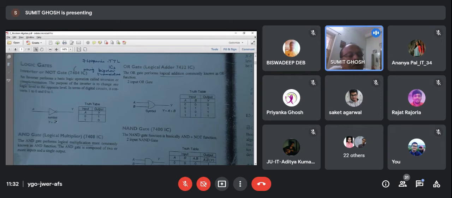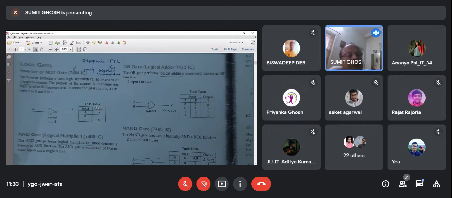So A bar means y is basically A bar, whatever you have A, the complement of A is y. So if you give the input 0, output you will get 1. If you give the input 1, you will get output 0. Okay, this table is called the truth table, which relates the input and the output. Is it clear? Yes, sir.